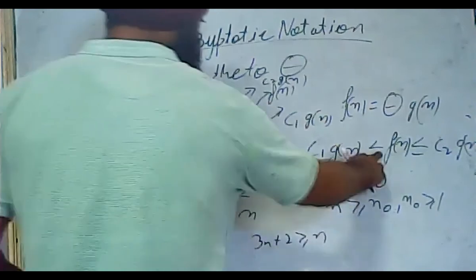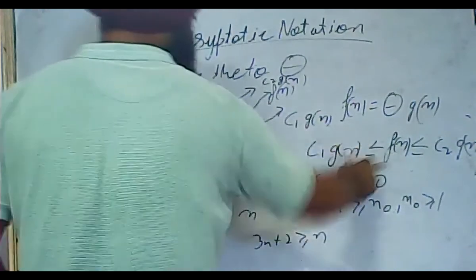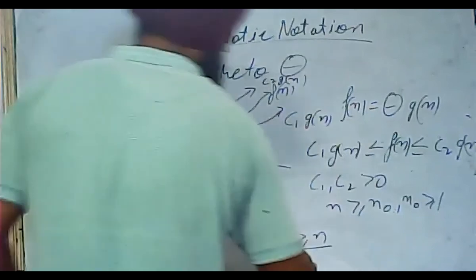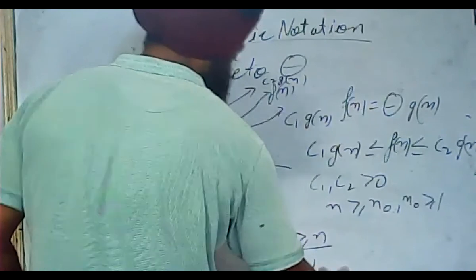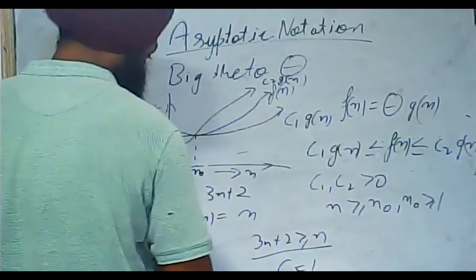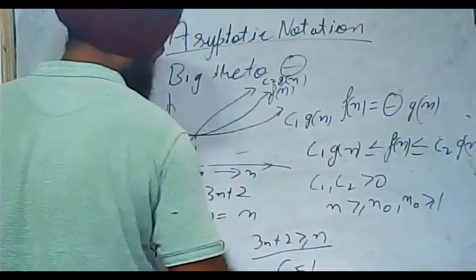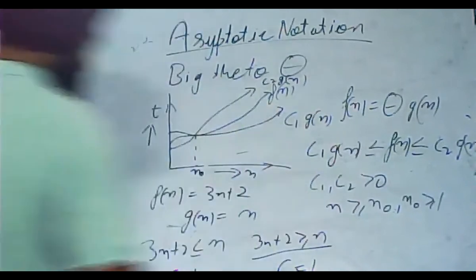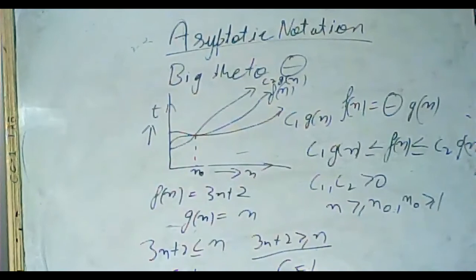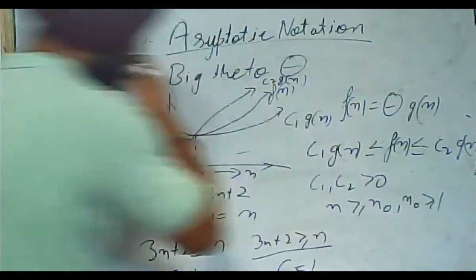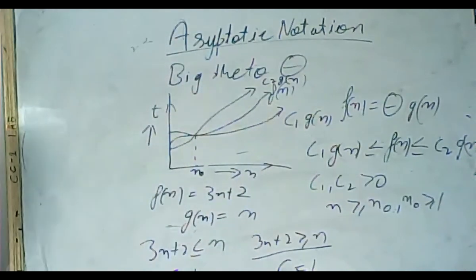This is our f of n. f of n is greater than c of g of n. This one is the lower bound. So we know n is the lower bound, with c equals 1 and n naught equals 1 for this. And if I say 3n plus 2 is less than or equal to c n, then c's value is 4, and n naught's value was 2. So n is greater than or equal to 2. So this is the average case.